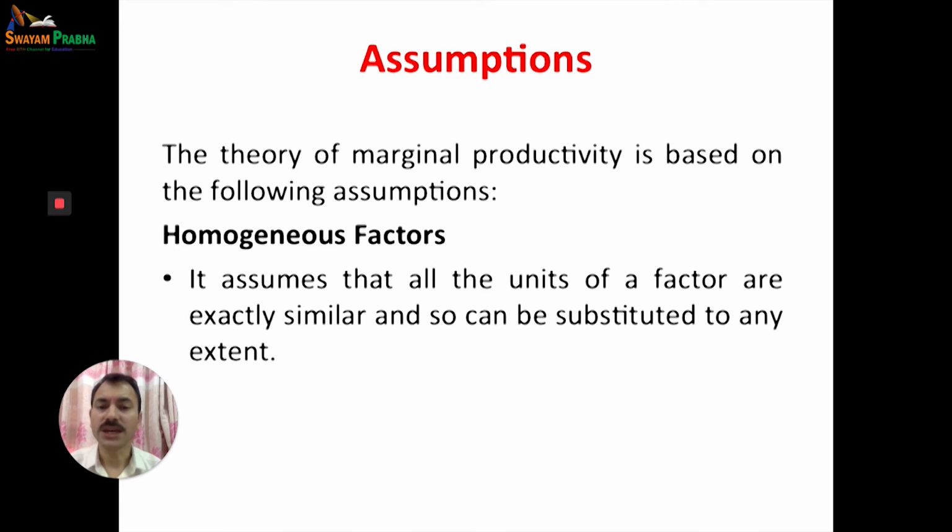We assume that all the units of factors are exactly similar and so can be distributed to any extent. You cannot differentiate one labor from another labor. The capability and productivity of every factor of production are the same. We have to assume this, as the theory of marginal productivity is based on this first important assumption.